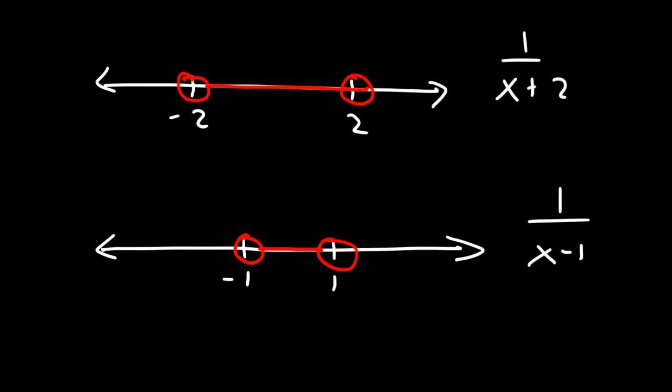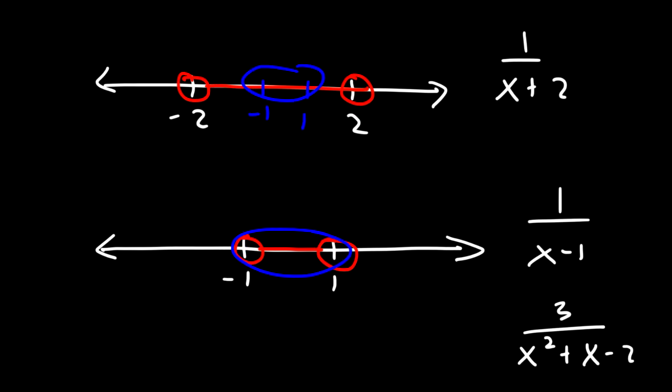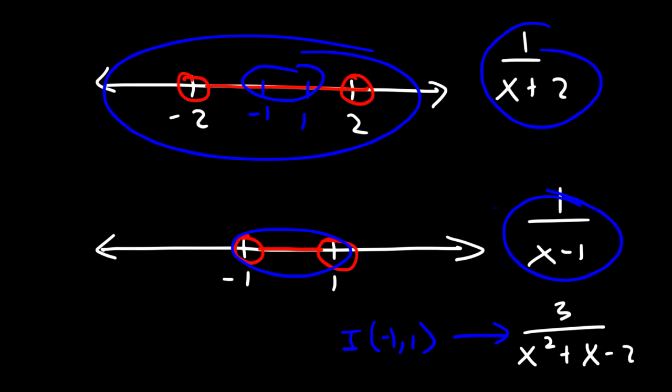So for the combined function, we need to choose the region of the two number lines where it's both shaded. Notice that it's shaded between -1 and 1 for both number lines. And so that is the intersection of the two intervals. So therefore, the interval of convergence for the original function will be from -1 to 1. It has to be true for each individual fraction.